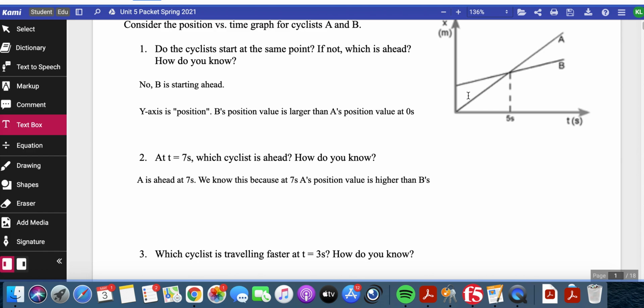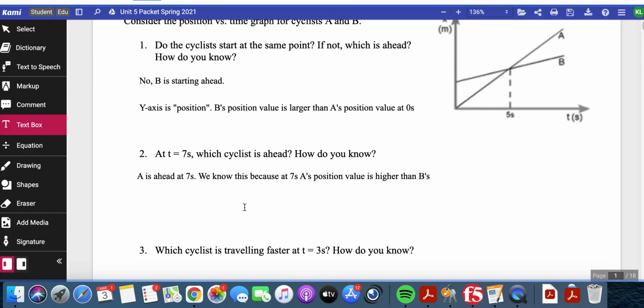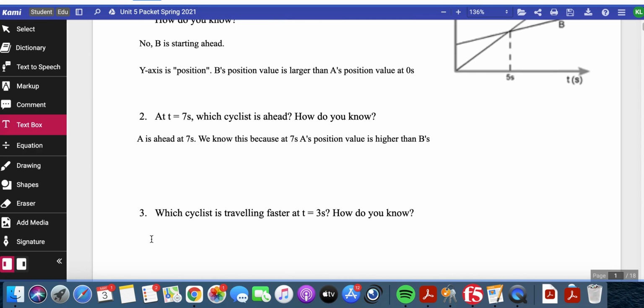Who covers the most ground, A or B? A, right. A goes all the way from position 0 to whatever this is, and B goes from a position that is greater than 0 to the same spot. So because of that, we know that A is traveling faster.